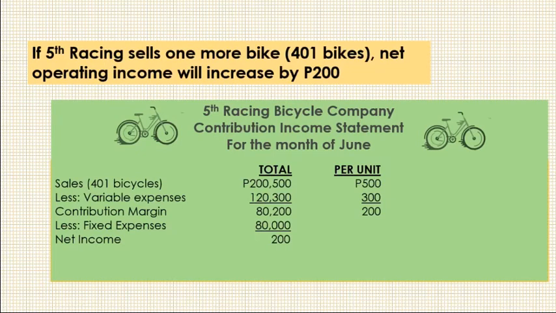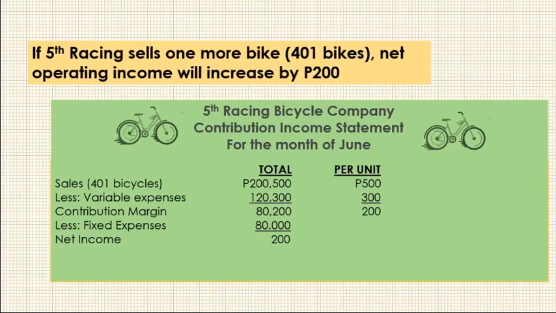If Fifth Racing sells 430 bikes, its net operating income will be 6,000 pesos. If we develop equations to calculate break-even and net income, we will not have to prepare an income statement to determine what net income will be at any level of sales.